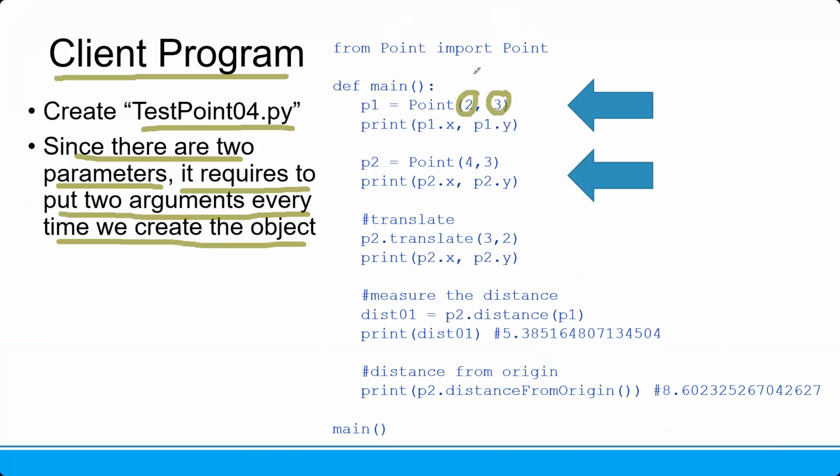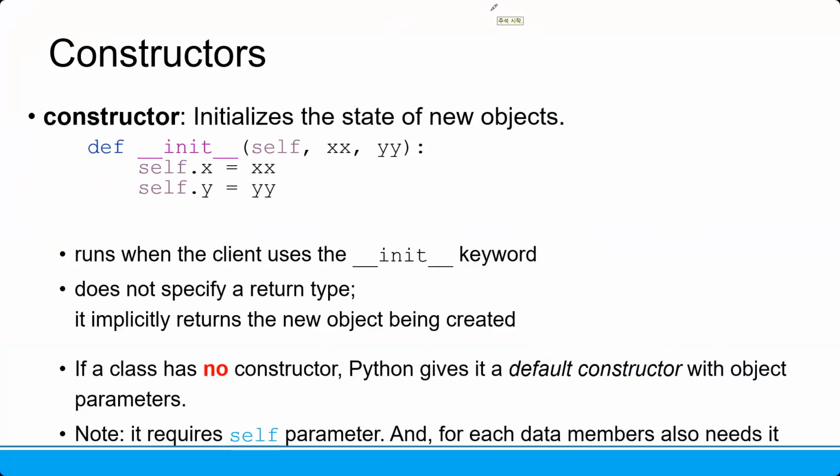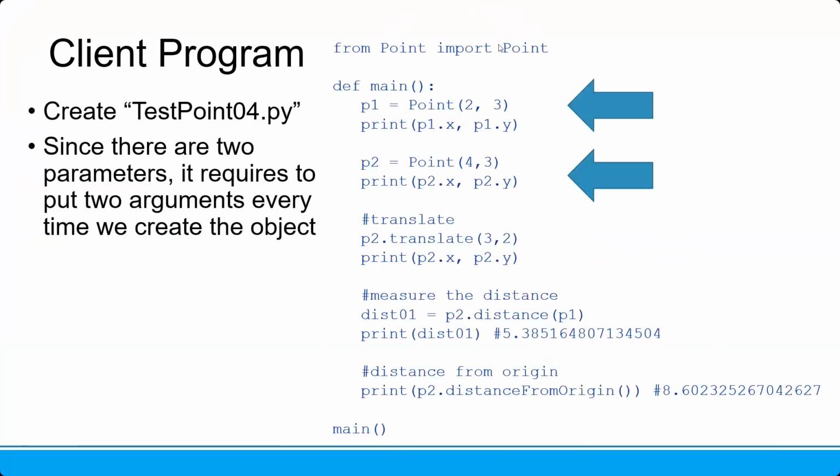The first argument will be the value of xx. This will be the value of yy. So every value that we define, here is 2, here is 3. Then the x of the object P1 is 2. The y of object P1 is 3.